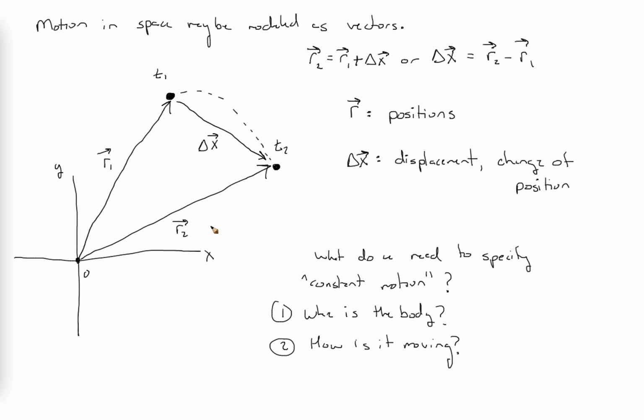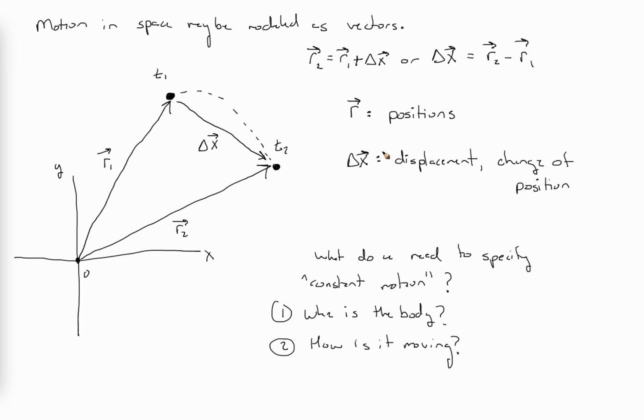So this vector here, R2, is the sum of R1 and delta x, the change in position. So R2 is equal to R1 plus delta x, or we could rewrite this as delta x is equal to R2 minus R1. So this displacement is the change of position, and it measures how far we've gone going from time one to time two.